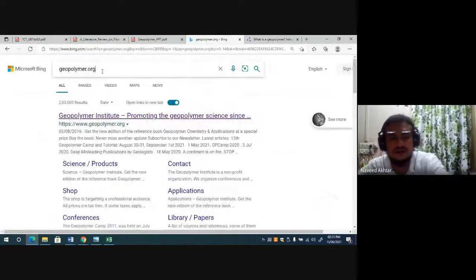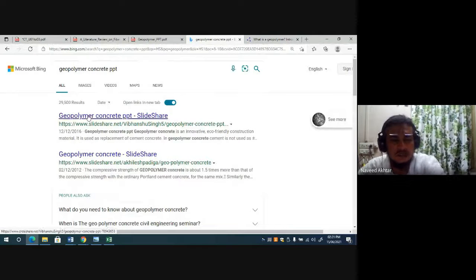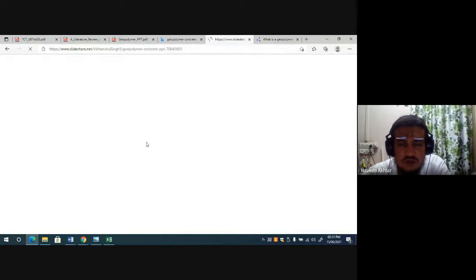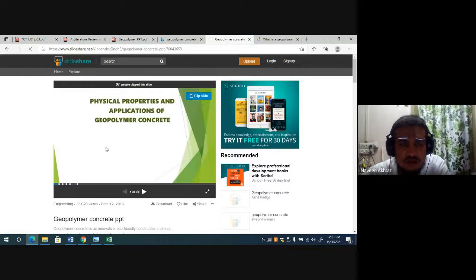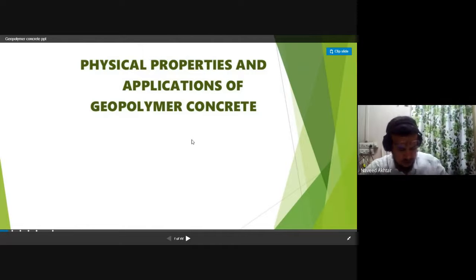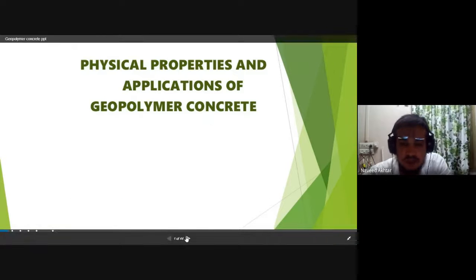Geopolymer concrete. I also worked on this geopolymer concrete in 2012 and 2013, and I got the strength up to 100 MPa. 100 MPa is not less; it is a high strength concrete.